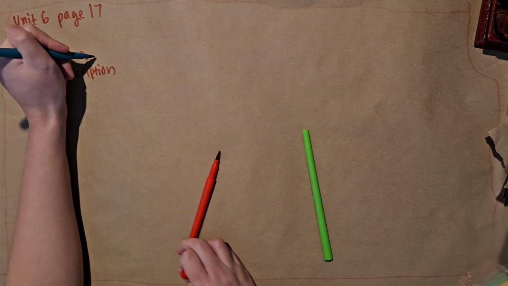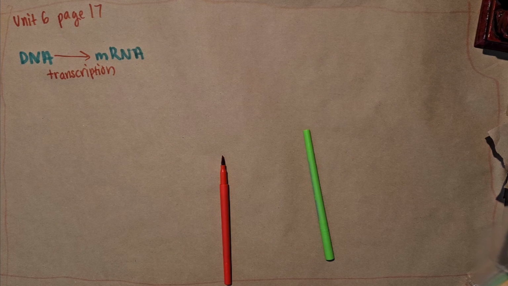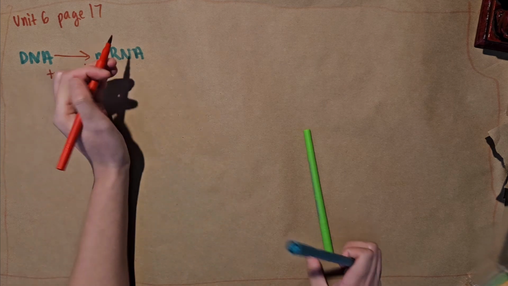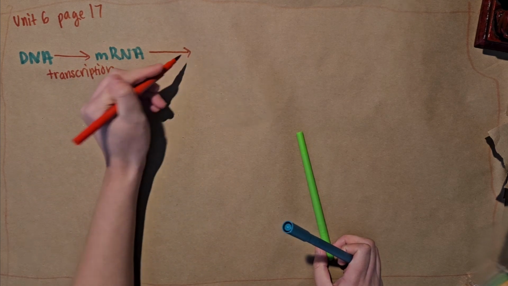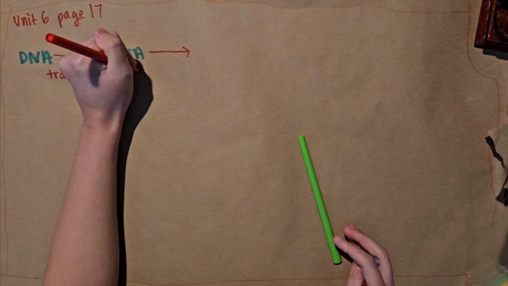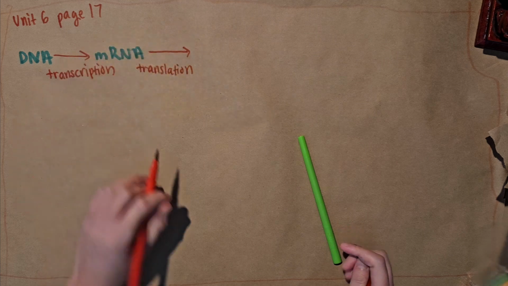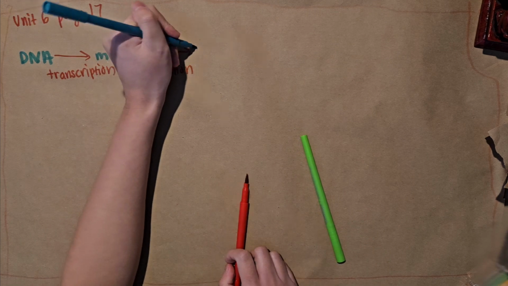We're making messenger RNA. There's 3 different types of RNA. And that messenger RNA will undergo translation to make protein.